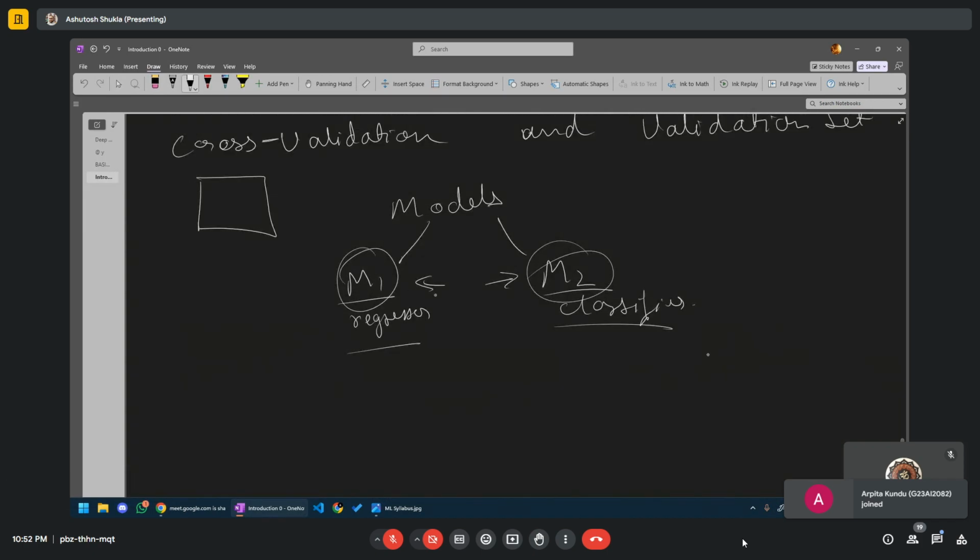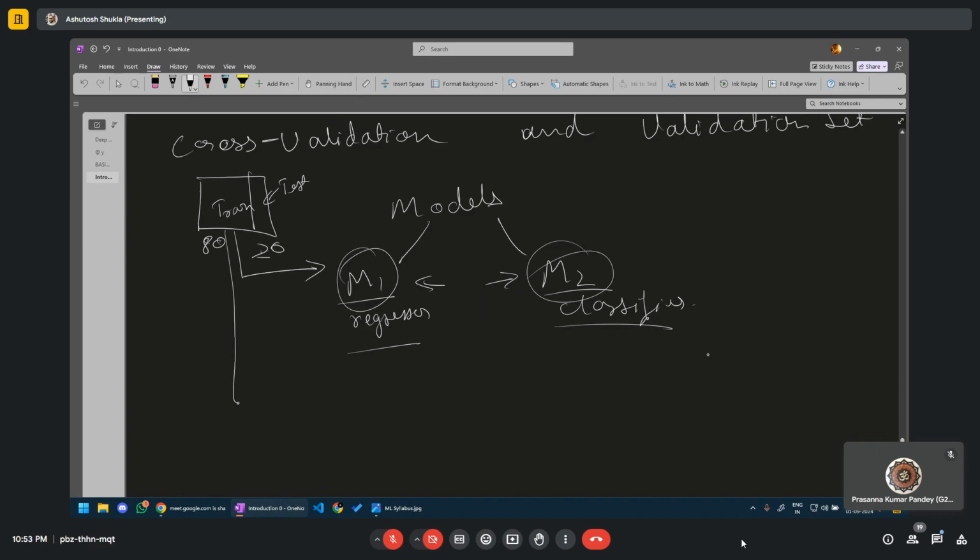All you want to do is divide the same data into two parts, 80% and 20%, this one being the training set and this one being the testing set. The same data goes into both models for training, and then you try to validate using this test set whether this one is better or that one is better.